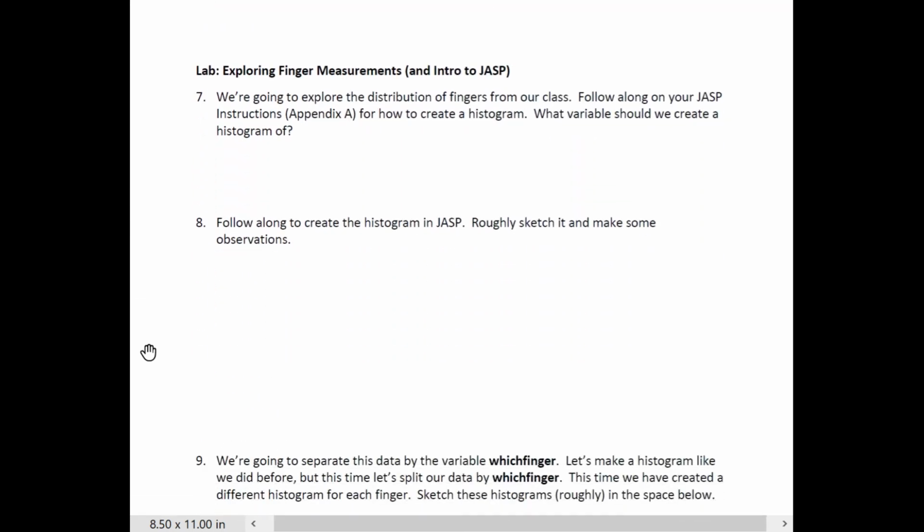Now, next up is our lab. In this lab, we're going to explore the distribution of fingers from a group of statistics classes similar to ours. We'll be using the statistical software package, JASP, to help us examine our data and conduct analyses.